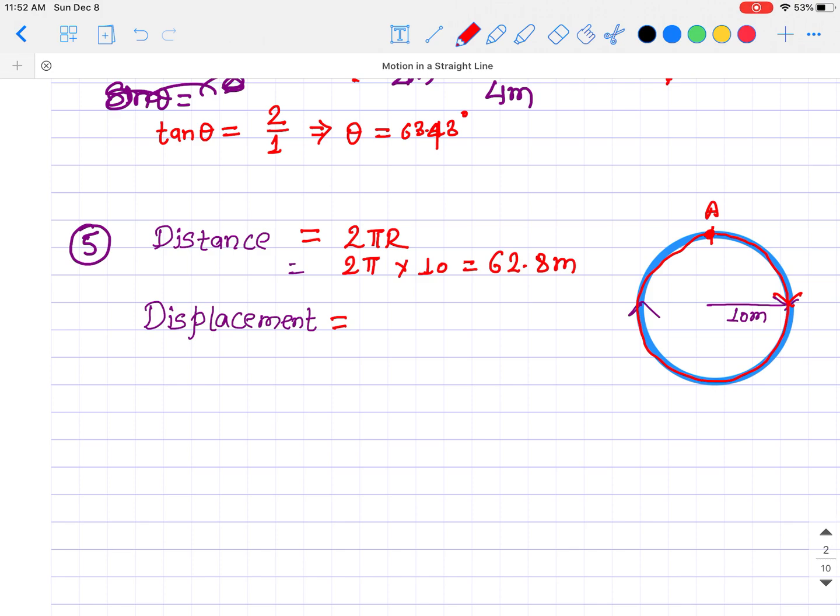And the displacement is, if you connect the initial point and the final point, in this case there is no length, because the initial point and the final point are exactly the same. So in this case the displacement is exactly 0 meter.